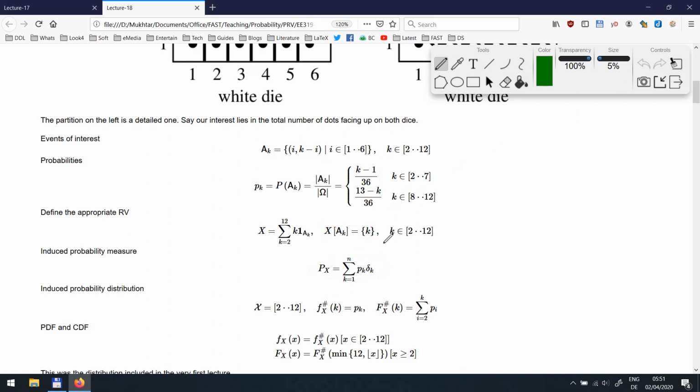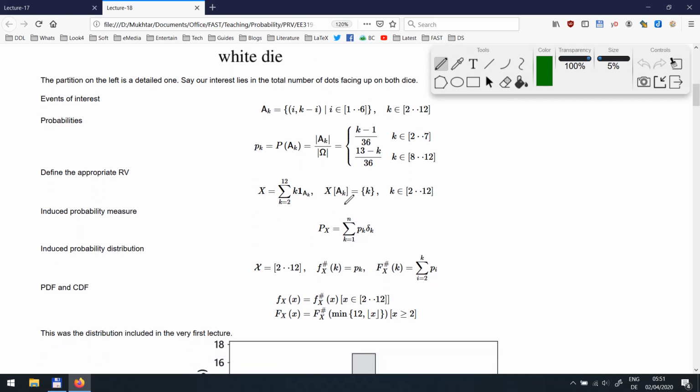We have the probabilities of our events of interest. Those same probabilities will be used to weight these Dirac measures, and my probability measure for X will simply be a weighted sum of the Dirac measures.